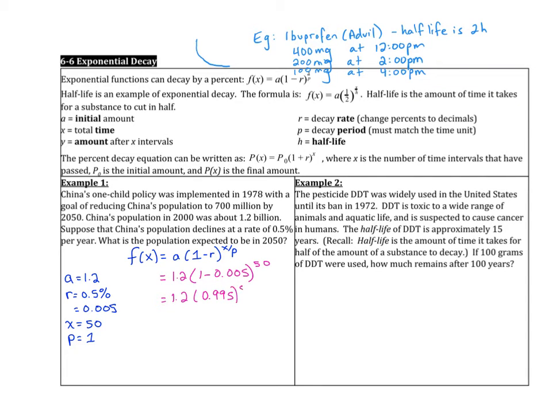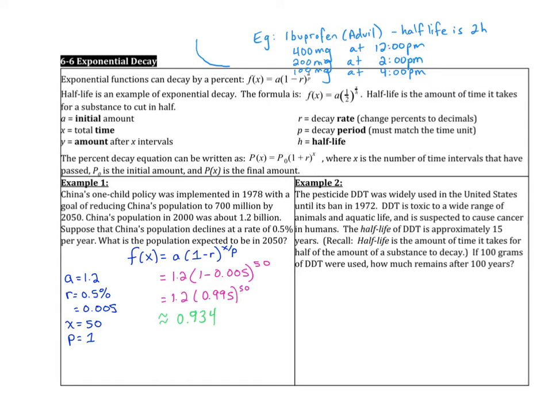You don't have to. You can just type in the bracket 1 minus 0.005 in your calculator. But anyway, in your calculator, this works out to 0.934. Oops, that's rounded, so that should be approximately.